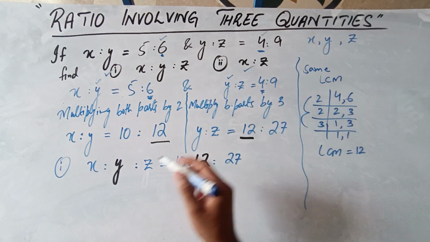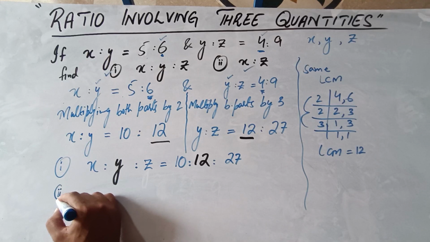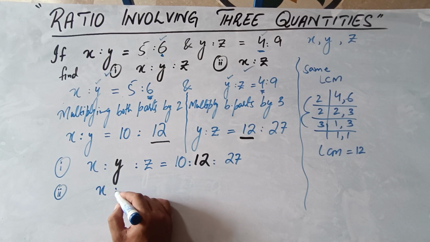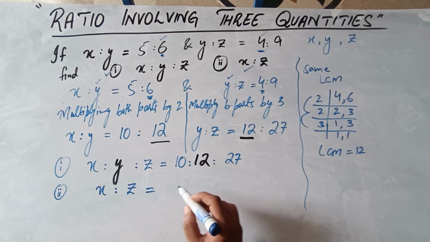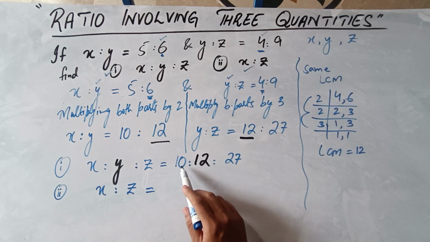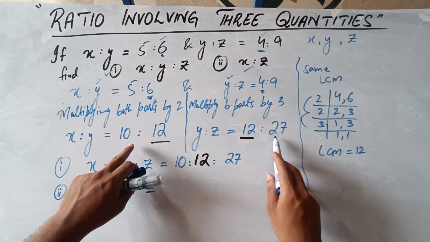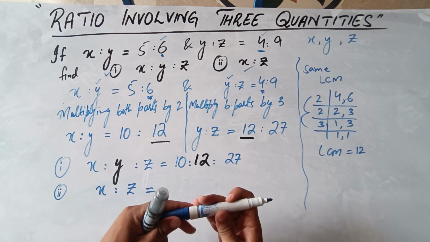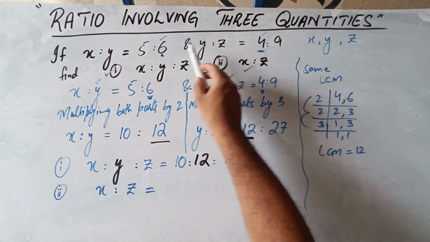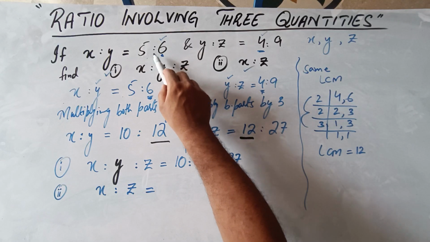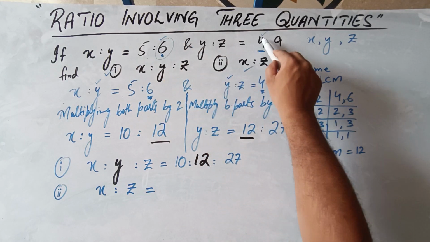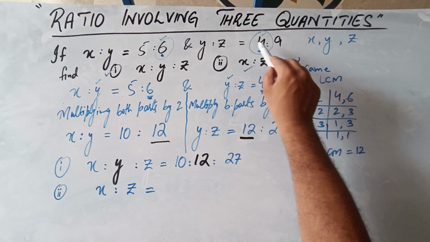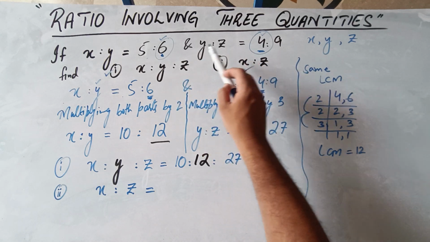Now the second part is we have to find x ratio z. X ratio z is equal to, now we will pick the value of x and z from here. We cannot pick it from here because the value of y was not the same in both cases.